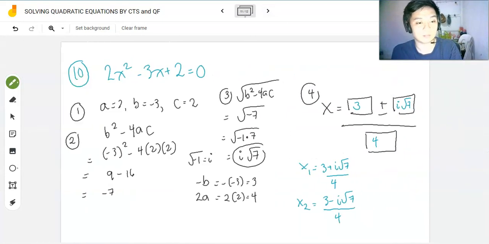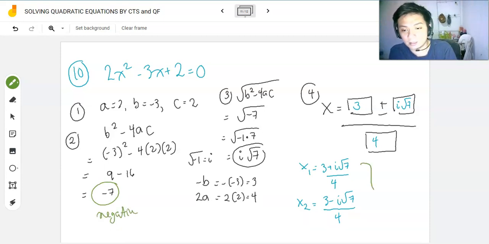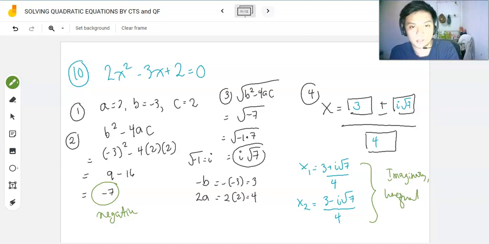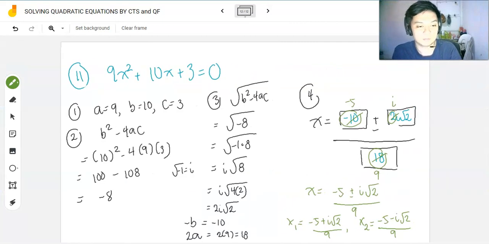Yan. Down to the last two equations. Anong klaseng discriminant ang meron dito? Ayan. So, this is negative. At anong klaseng roots naman ang meron siya? So, we have imaginary and then unequal. And then, panghuli, we have negative 8 as a discriminant. So, this is negative then.